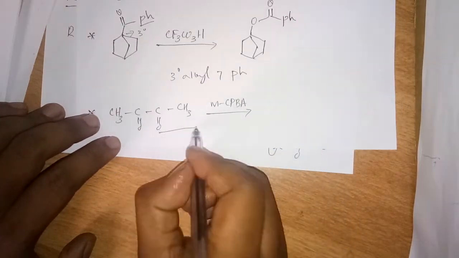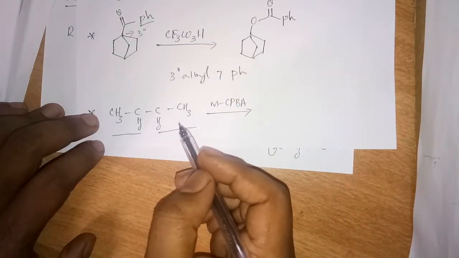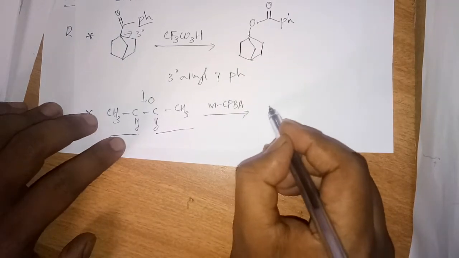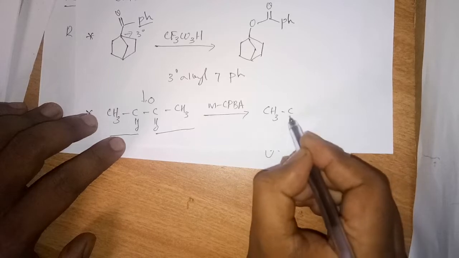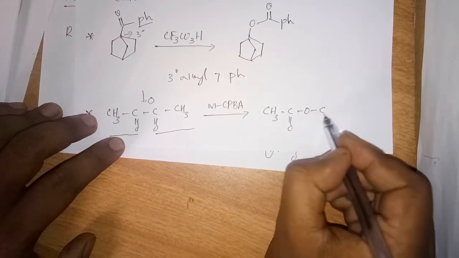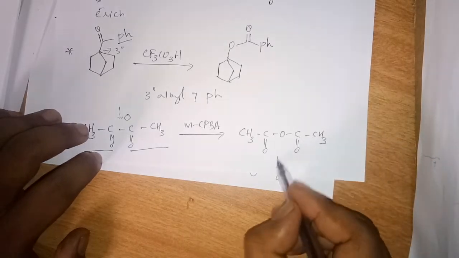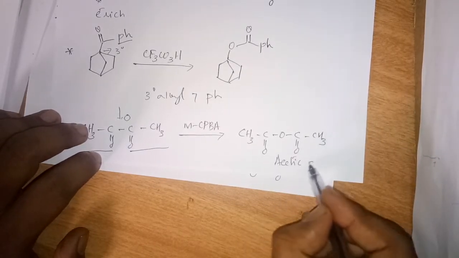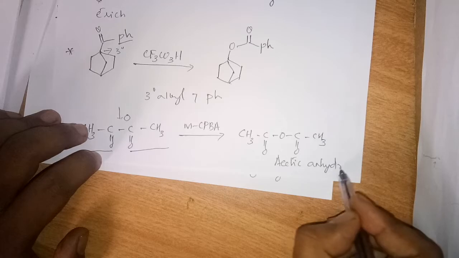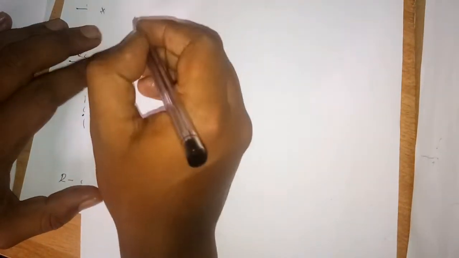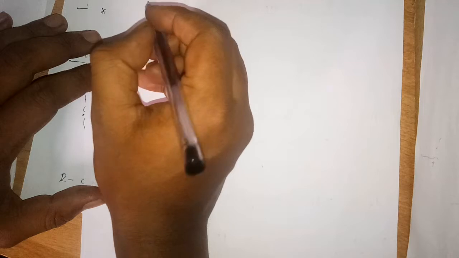Now here the groups are identical, so the oxygen will be attached in between the two carbonyl groups. CH3 CO O CO CH3. So you will get an acetic anhydride. We can make a lot of examples.